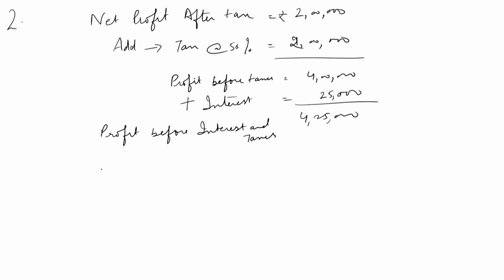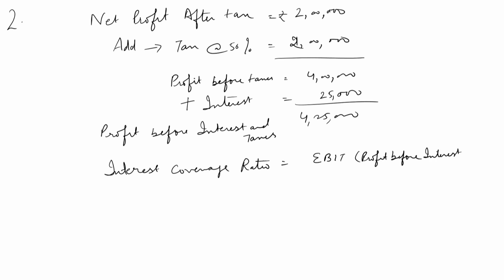So the interest coverage ratio formula is EBIT, or the profit before interest and taxes, to be divided by fixed interest charge.